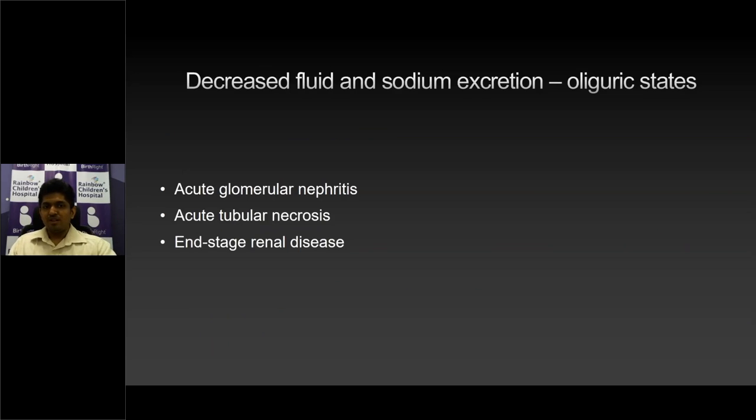Suppose there is a normal or high volume, we are dealing with decreased fluid and sodium excretion, which is called the oligoanuric state. So look for the urine output. If the urine output is less, then this particular state is called an oligoanuric state.